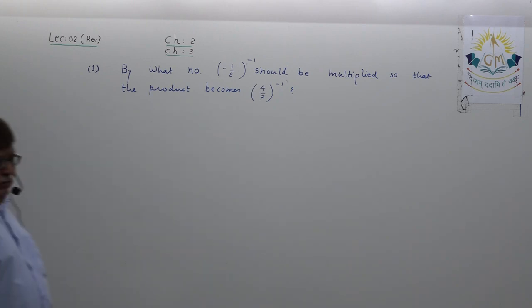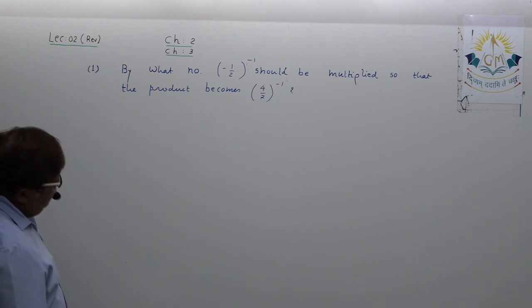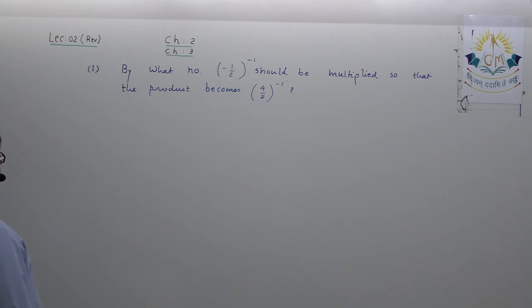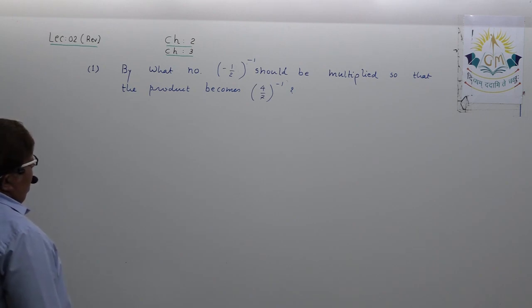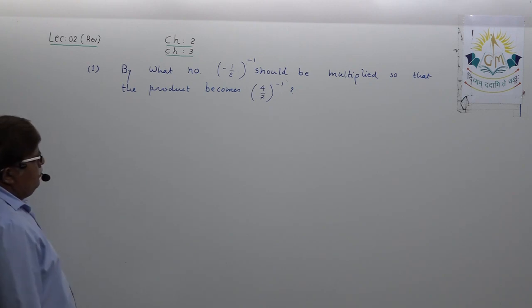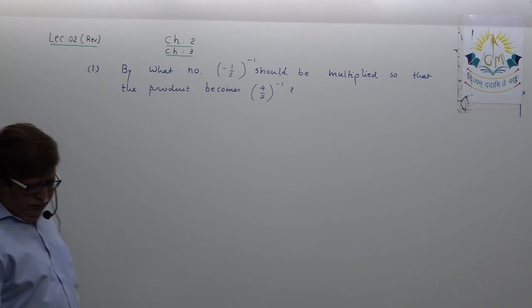By what number, minus 1 upon 2 raised to the power minus 1 should be multiplied so that the product becomes 4 upon 7 raised to minus 1. Just try this out.